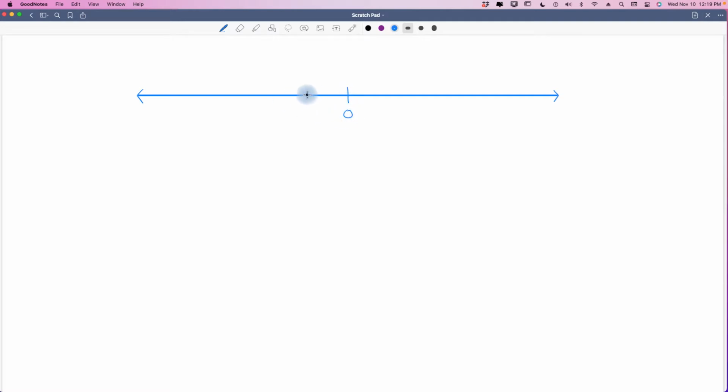We have, let's see, -1, -2, -3, -4. And over here we have 1, 2, 3, 4. Right on this side, right about here, we have -2 times the square root of 2. And then over here, we have a +2 times the square root of 2. So both of these numbers are real numbers.